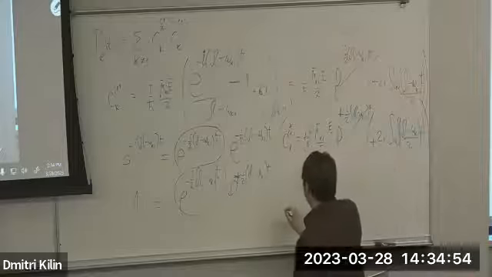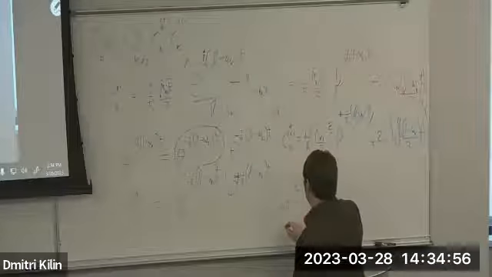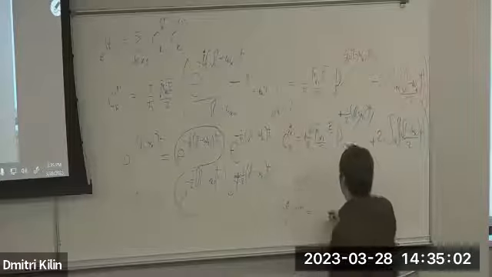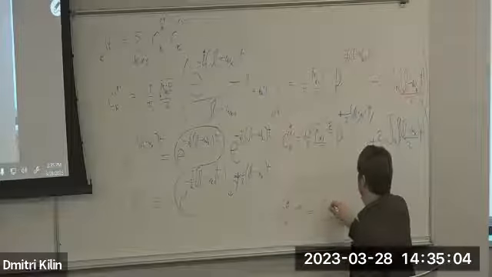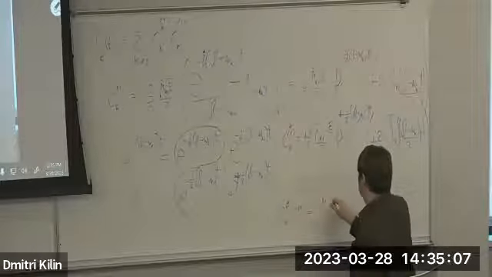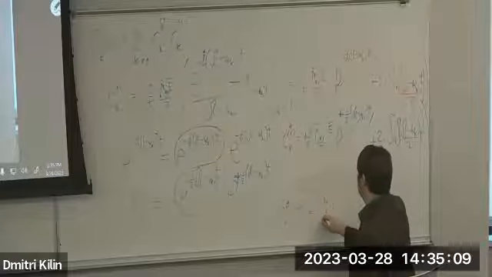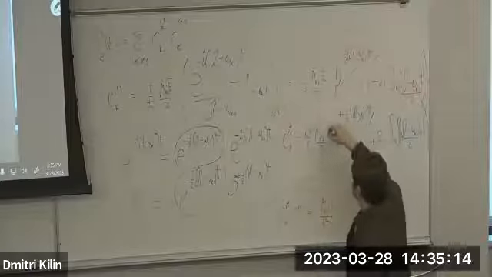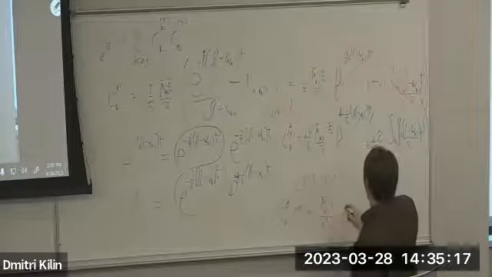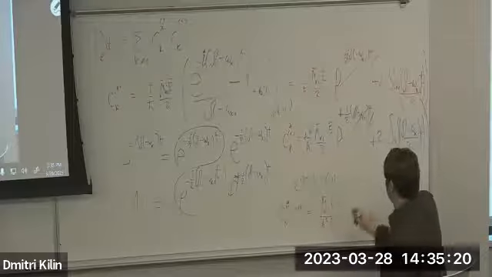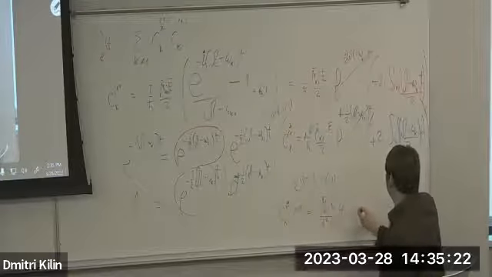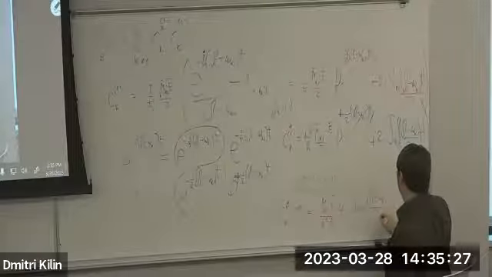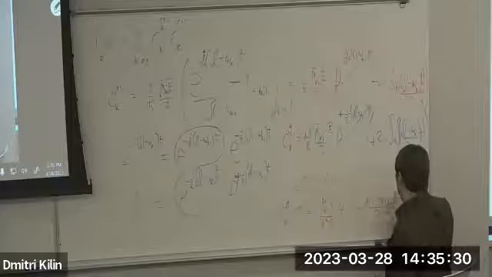So C1 star times C1 without star will be mu P1 electric field over h bar squared, 2 times 2 is 4, times 4 sine squared of (omega minus omega k1) divided by 2 times t.